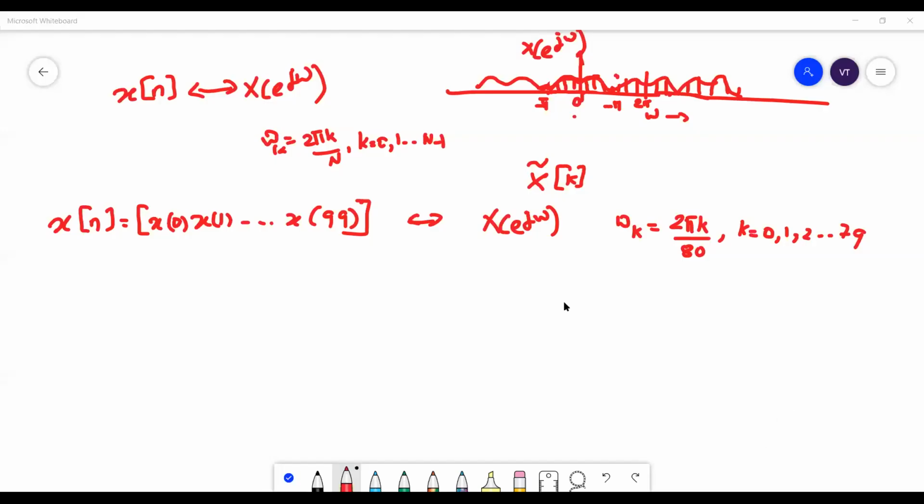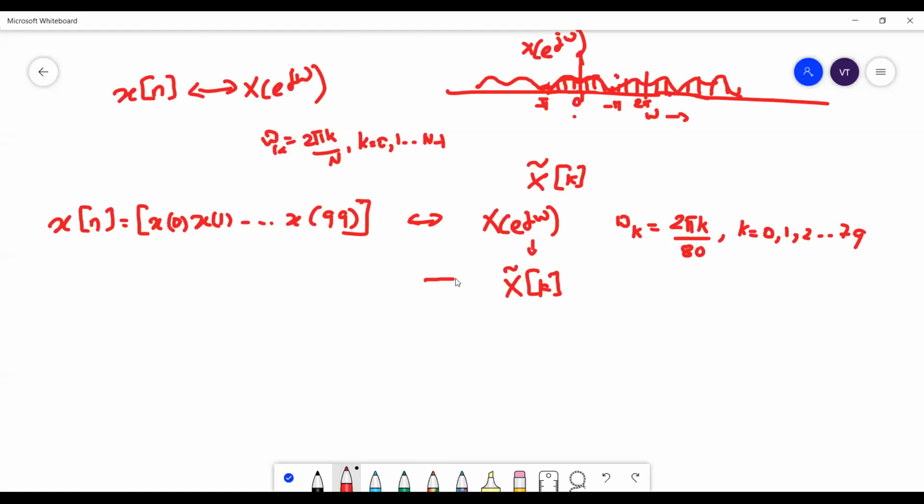So again, going back to the whiteboard. Now if I sample X of e power j omega, I have some X of k. This will be some X tilde of k because it's a periodic sequence.